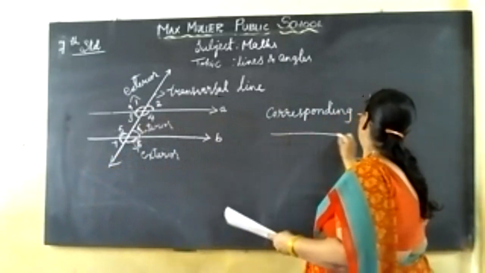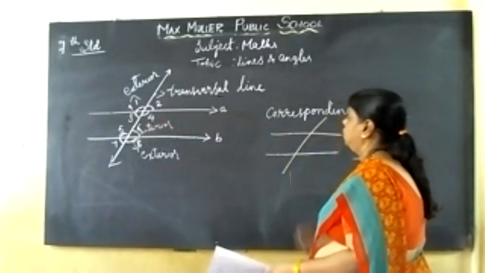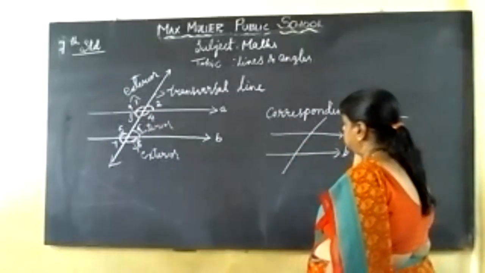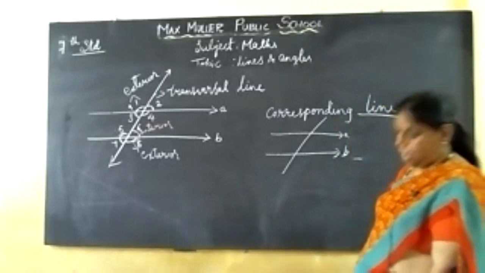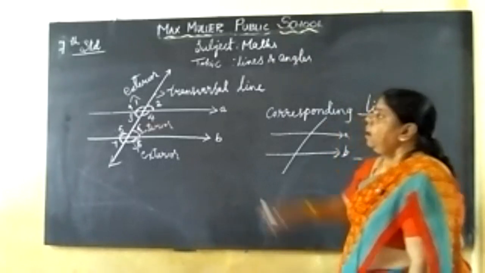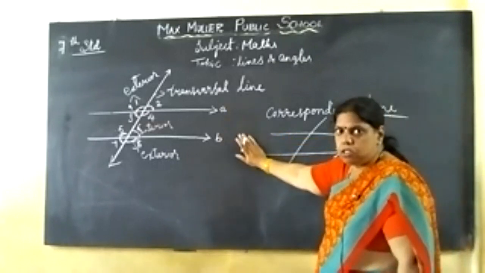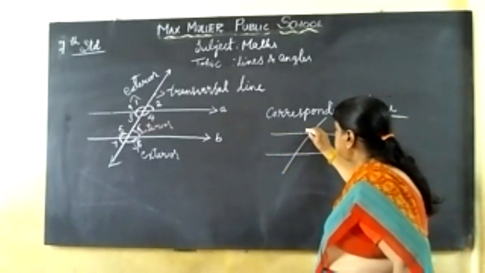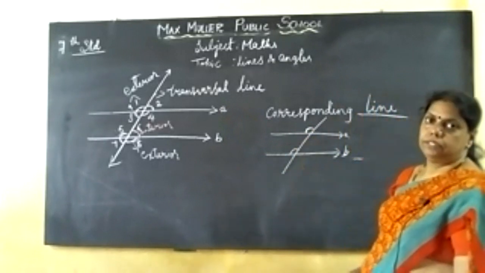See here, one angle I'll show you. In a simple way, I'll show you. You just see this. I have given 1, 2, 3, 4 there, isn't it? Let this be like this only. See, one exterior angle and the opposite interior angle.